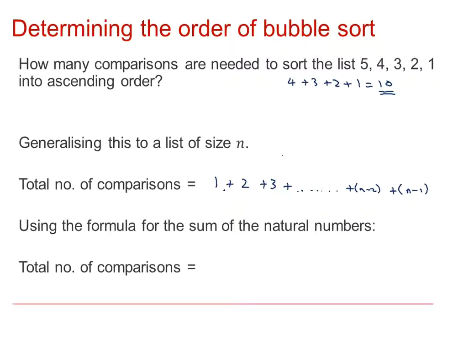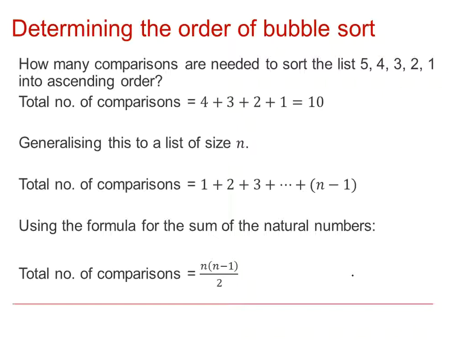Using the formula for the sum of natural numbers, the total number of comparisons is going to be the number of terms in the pattern times the number of terms in the pattern plus 1, over 2. And this simplifies down to n minus 1 times n over 2.